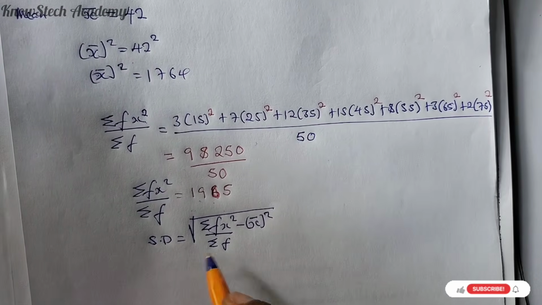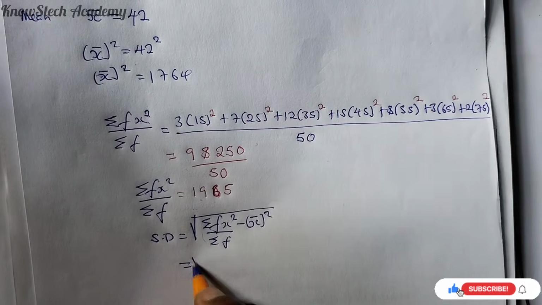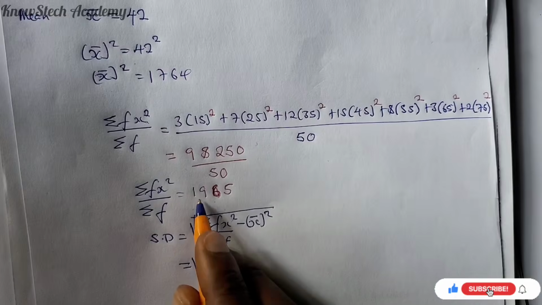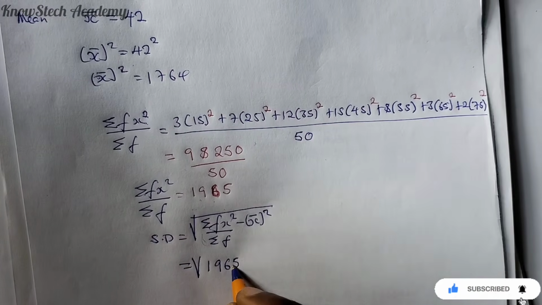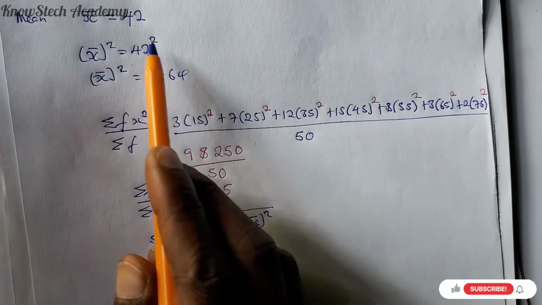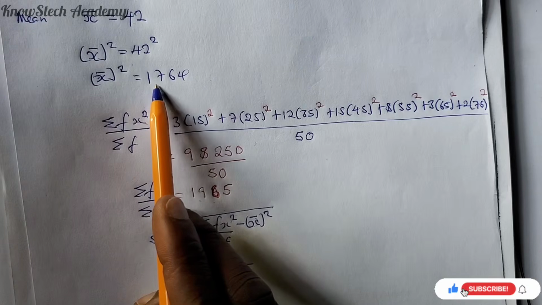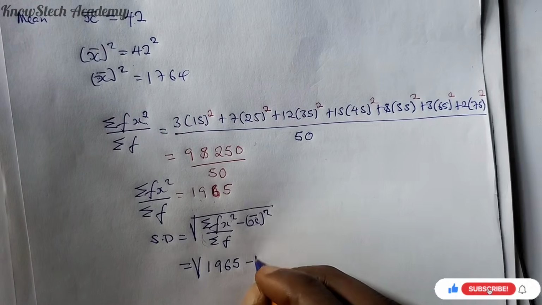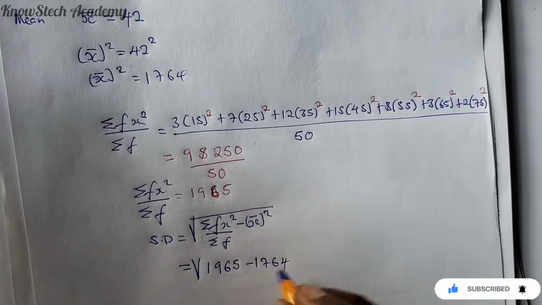Now, let's substitute what we have. When you substitute, we're going to say square root, and this part inside is 1,965 minus the mean, which is 42. Then the mean squared is 1,764.